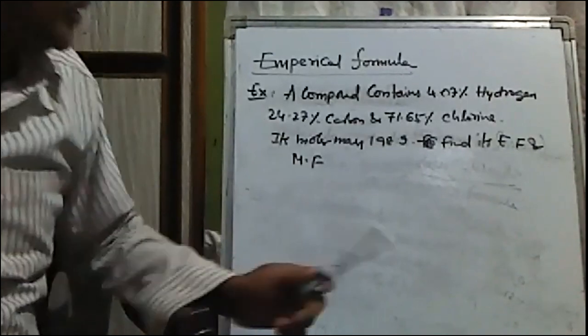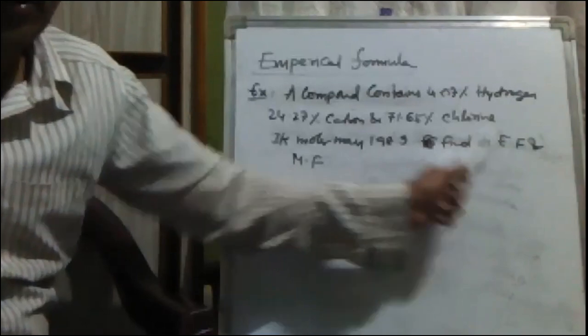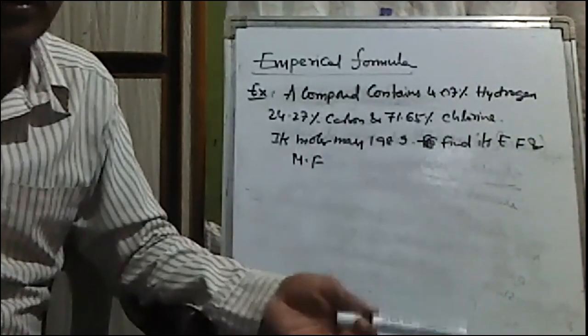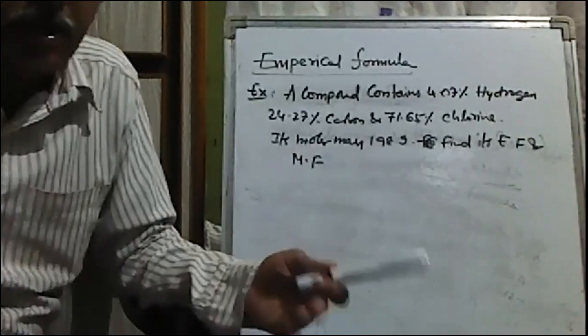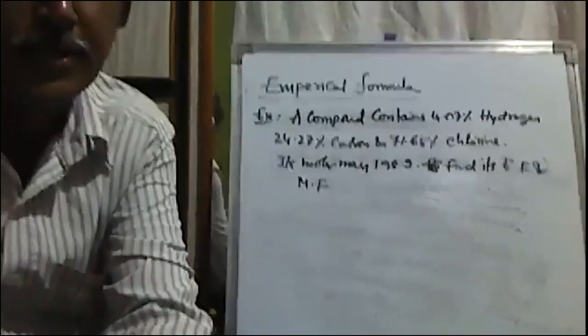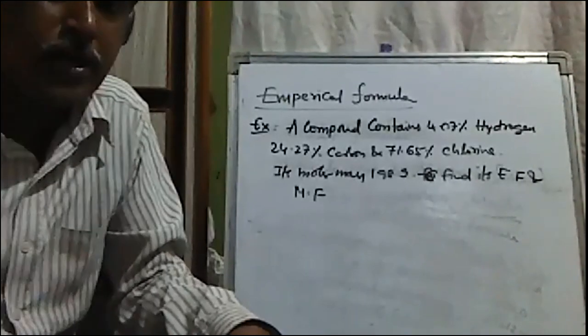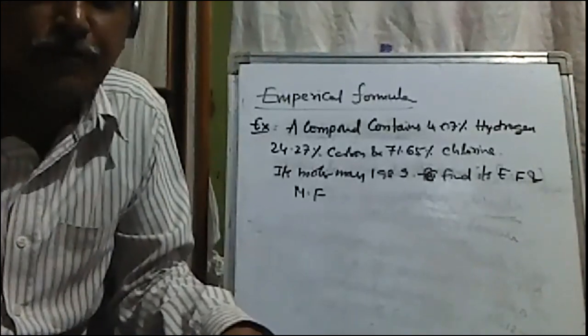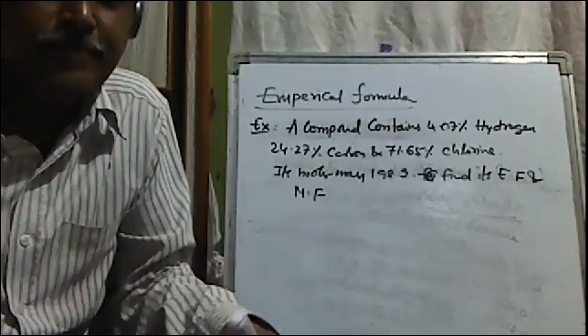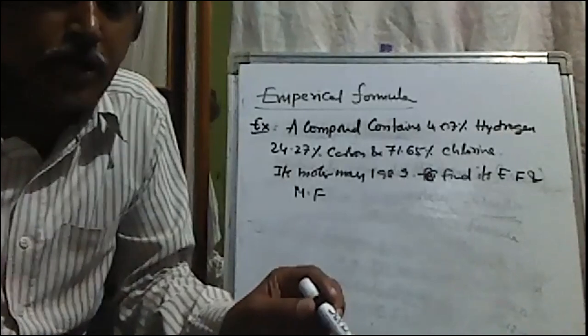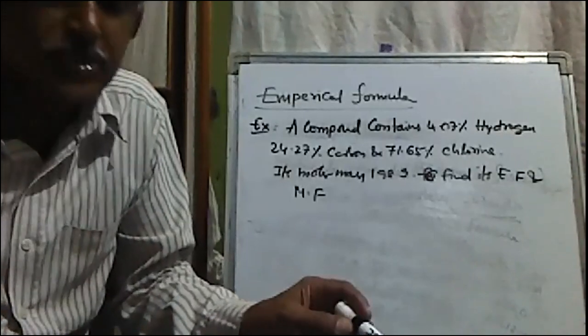Once we find the empirical formula, we can calculate the molecular formula. Just a few minutes back, we saw how these two are related: molecular formula is equal to empirical formula suffix n, and n is the molar mass divided by the empirical formula mass.